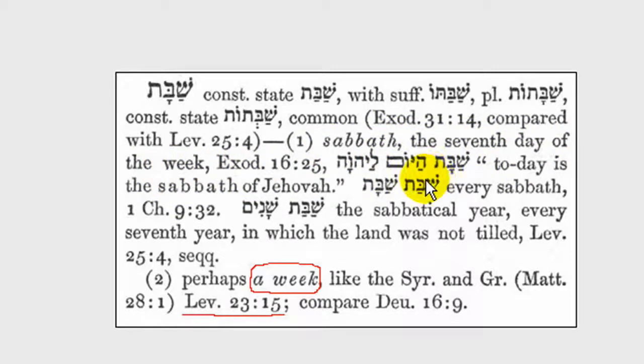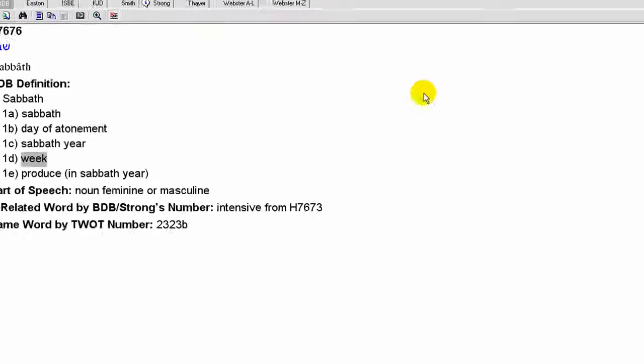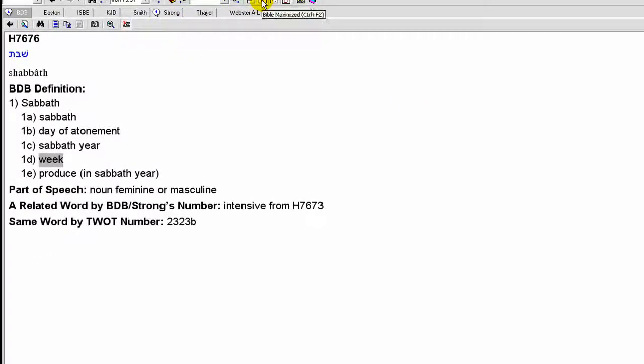But then the second definition reads, perhaps a week, like the Syriac and the Greek, and they quote Matthew 28:1. But notice Leviticus 23:15 is also listed as an example for the word Sabbath, meaning a week or pertaining to a week in the scripture. So this should bring more clarity to you right now.